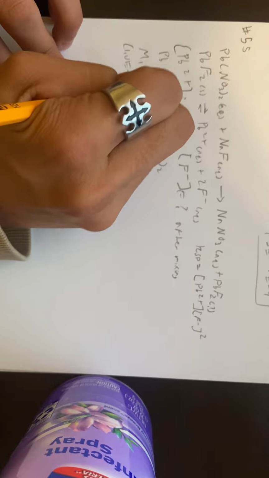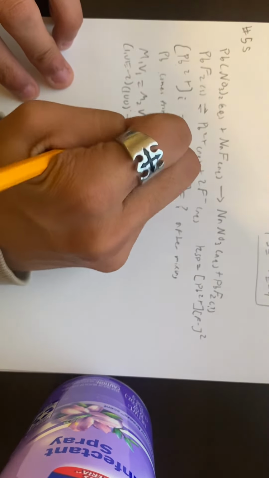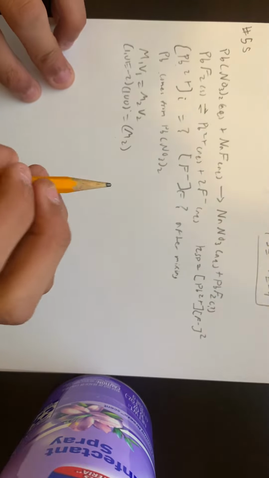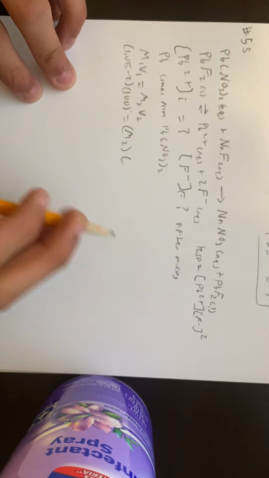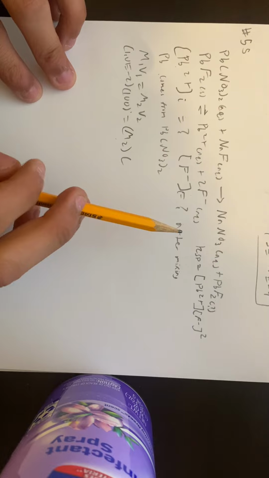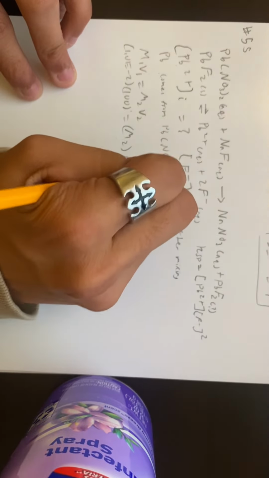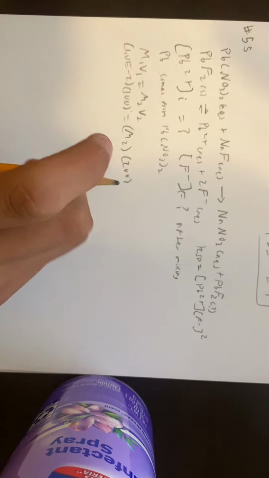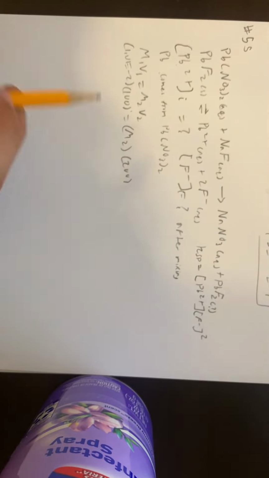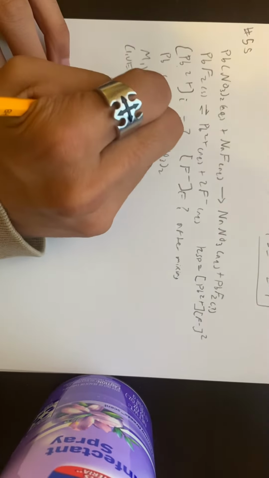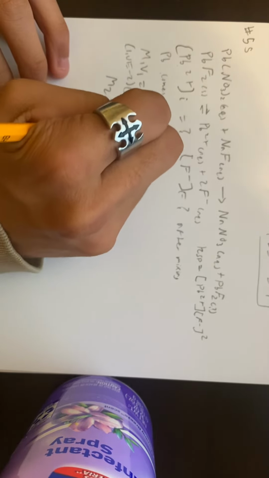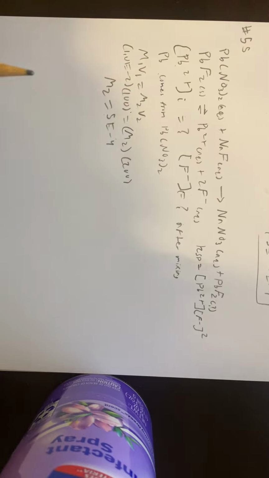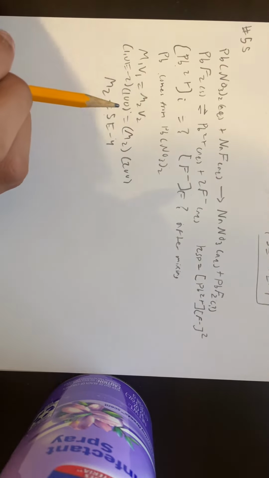V1 is 100 milliliters, which is equal to M2, which is our X value or our unknown value, and that's times the total of milliliters that we're given, which is 200 milliliters. So after calculating this all out, we are given that M2 is equal to 5 e negative 4. So that's our M2 for Pb of Pb2 plus.